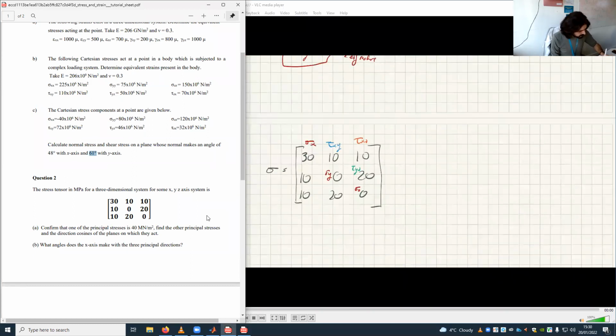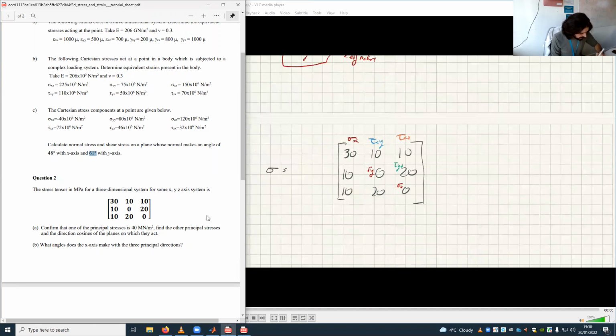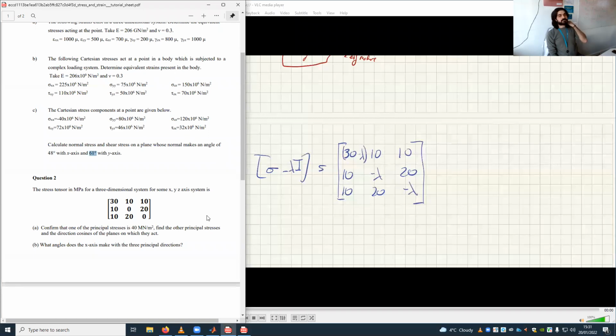So the matrix sigma minus lambda I is sigma minus lambda I. This matrix is 30 minus lambda, and minus lambda. You agree with me? Yeah, that's easy.